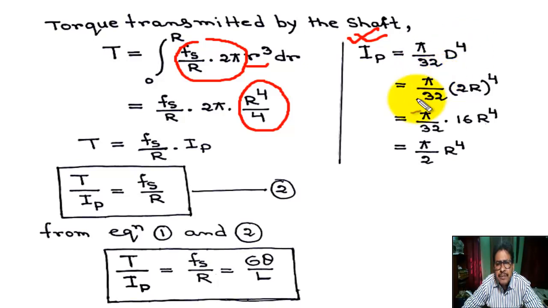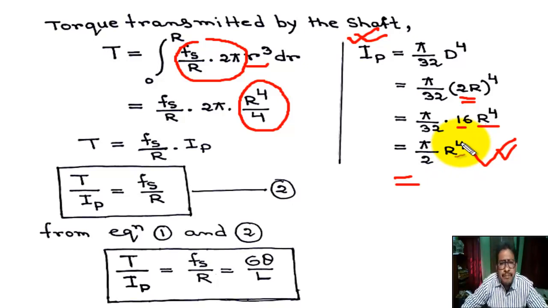That equals pi by 32 into D equal to 2r to the power 4, which equals pi by 32 into 2 to the power 4, means 16, r to the power 4, equal to pi by 2 r to the power 4.